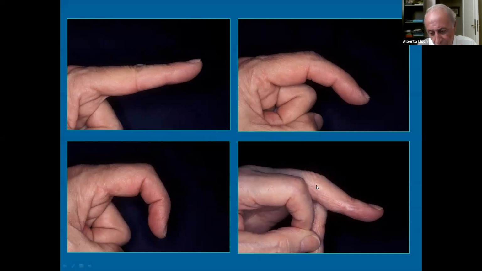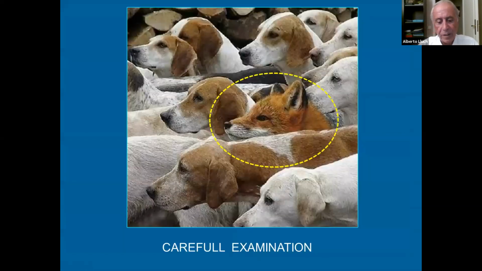A boutonniere deformity is defined when the PIP joint is flexed and the DIP joint is not proportionally flexed. It's in extension, it doesn't need to be in hyperextension here. At first it will be just in extension. This is just the beginning of a boutonniere deformity in a rheumatoid patient.